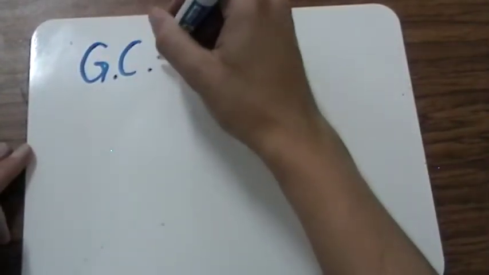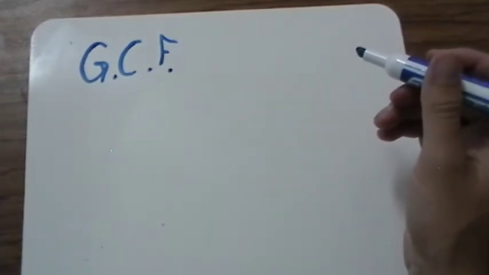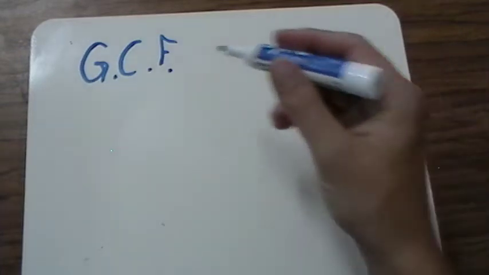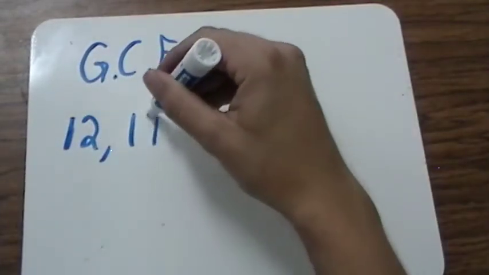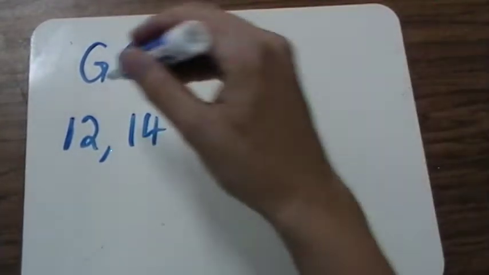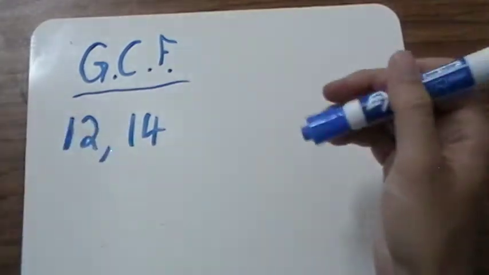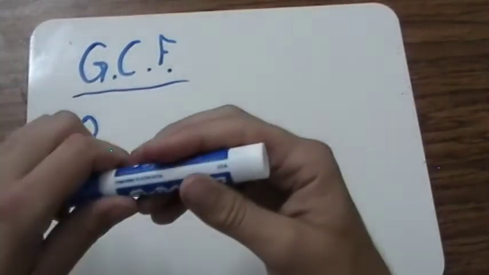Now we're going to review something we talked about way back in the winter, which is GCF. GCF stands for greatest common factor. Okay? So if I have the numbers 12 and 14, what I'm going to ask myself is the greatest common factor. What numbers multiplied together give me 12? What numbers multiplied together give me 14?